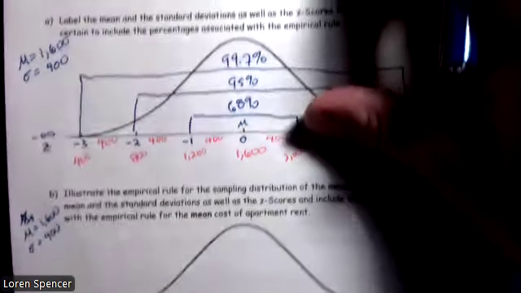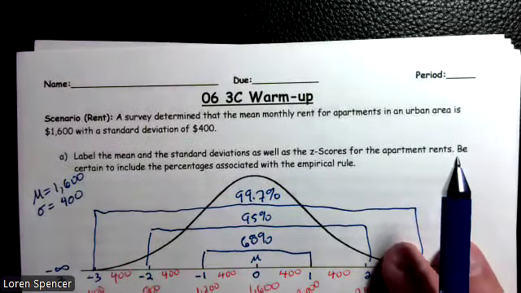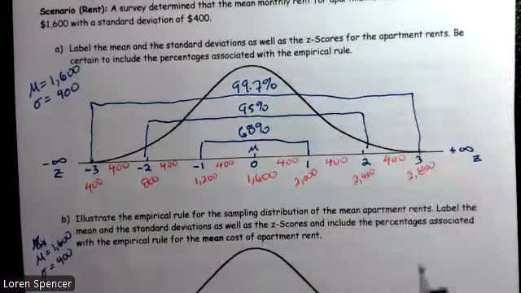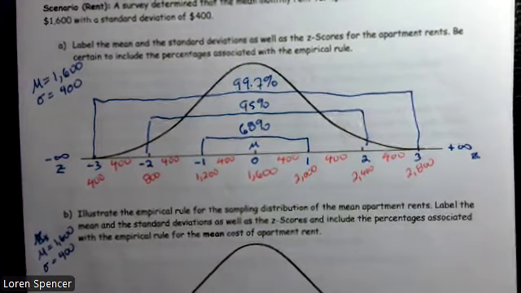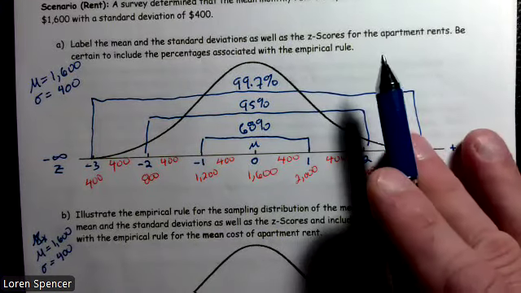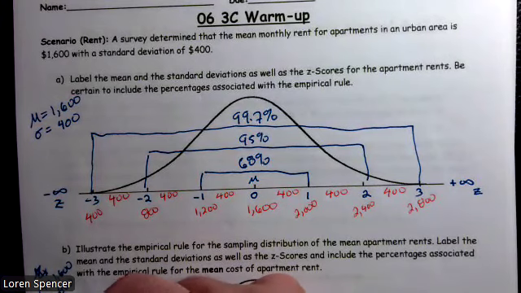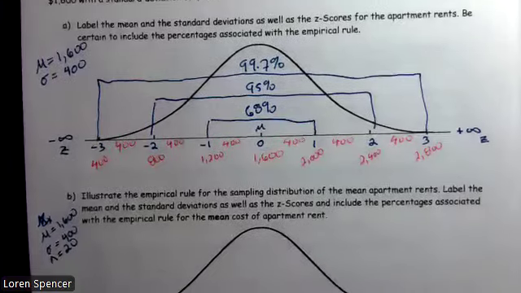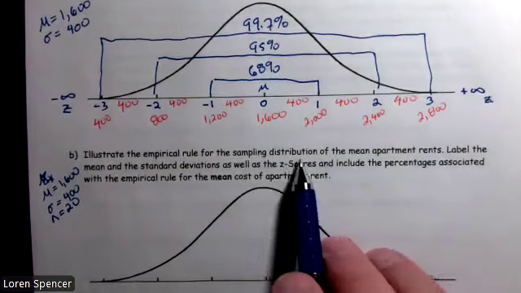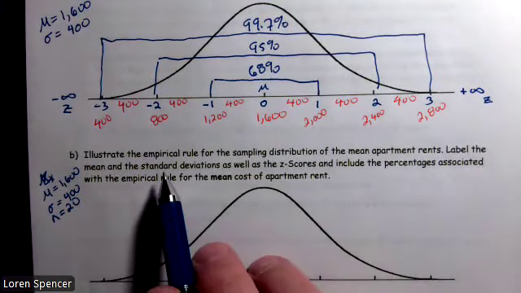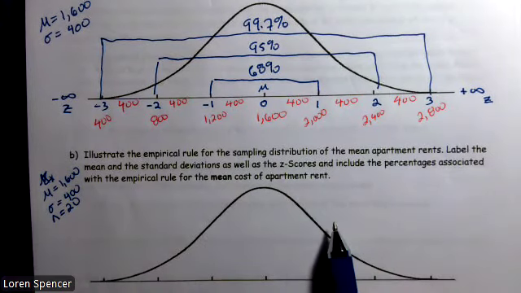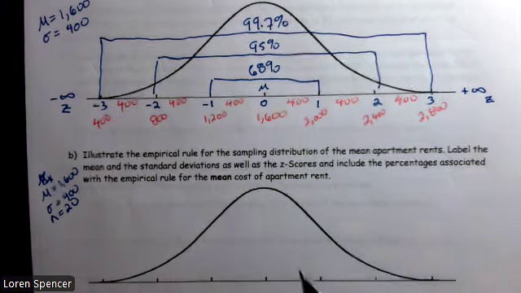It didn't tell us how many apartment rents we were supposed to have, but let's act like we had a sample size of 20. I know it doesn't show it on this paper, but we'll adjust that. It wants the sampling distribution of the mean apartment rents, labeling the mean and standard deviations as well as the z-scores, and including the percentages associated with the empirical rule.